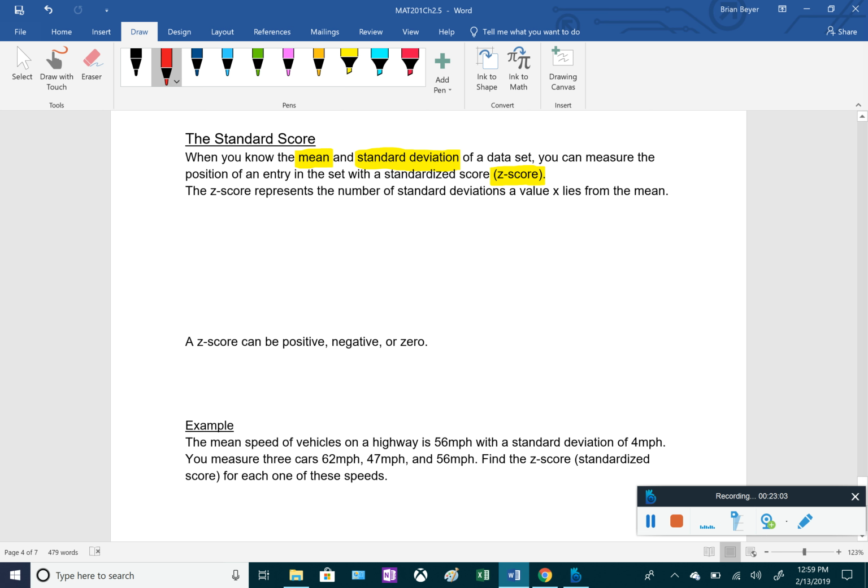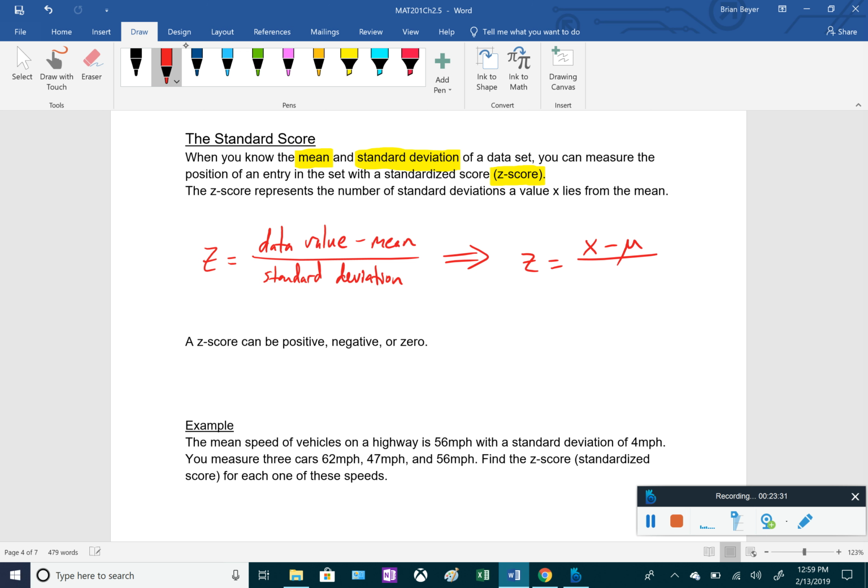The formula for this is Z equals the data entry or the data value, whatever it is, minus the mean, divided by the standard deviation. If we write this in symbols, it's Z equals X, X is the data entry, minus mu, the population mean, over sigma, which is the standard deviation for the population.